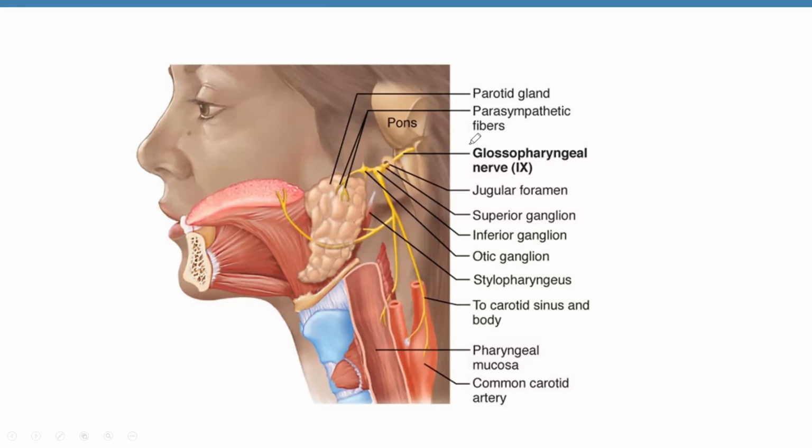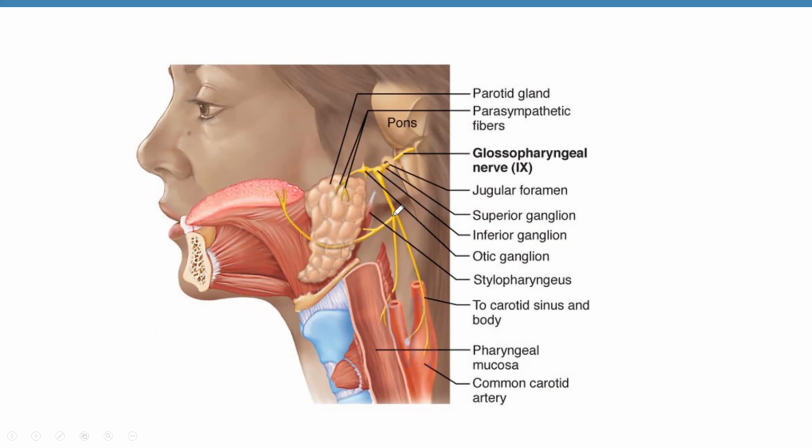Okay, so here's our glossopharyngeal nerve. Now look at the name itself: glossa means tongue and pharyngeal means pharynx, or your throat. So you can see it innervates the parotid gland, the biggest salivary gland over here. It innervates your tongue. It innervates muscles of the pharynx for swallowing, and it innervates the blood vessels over here.